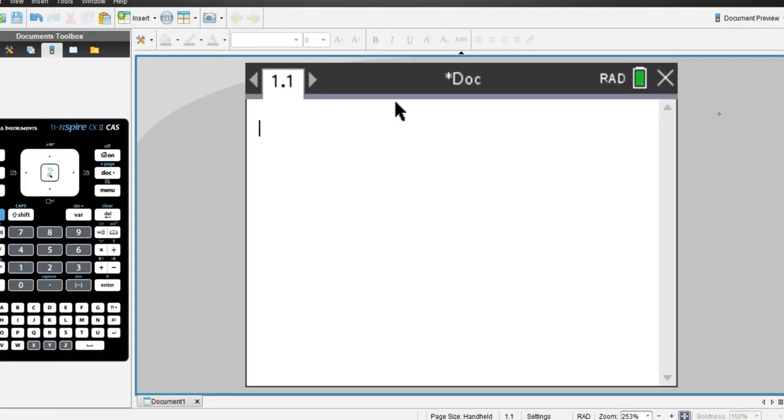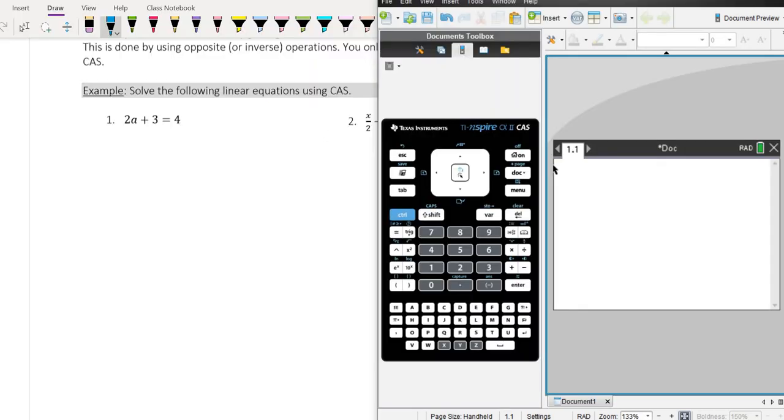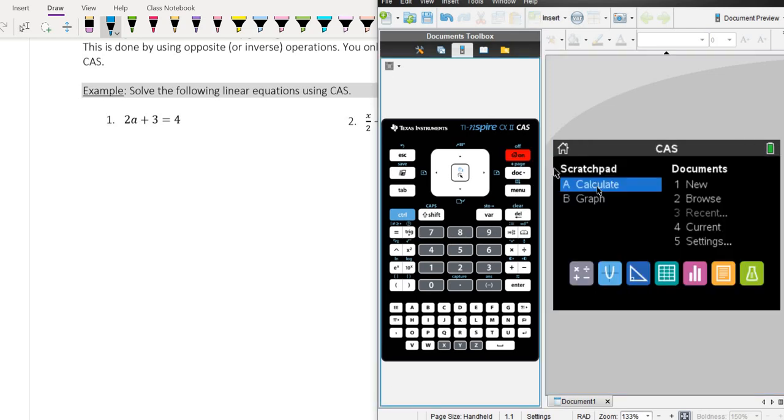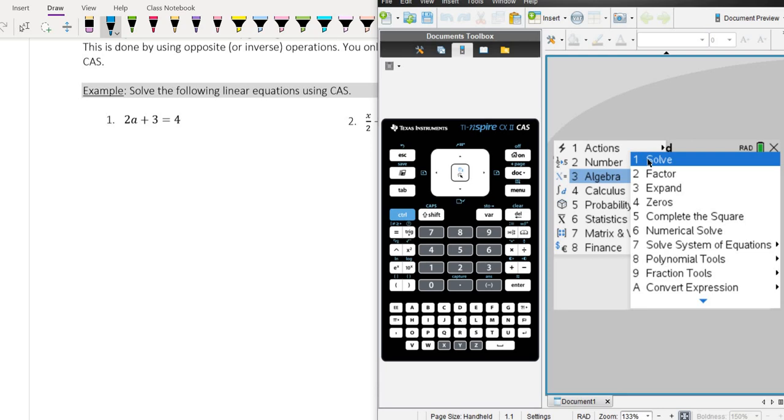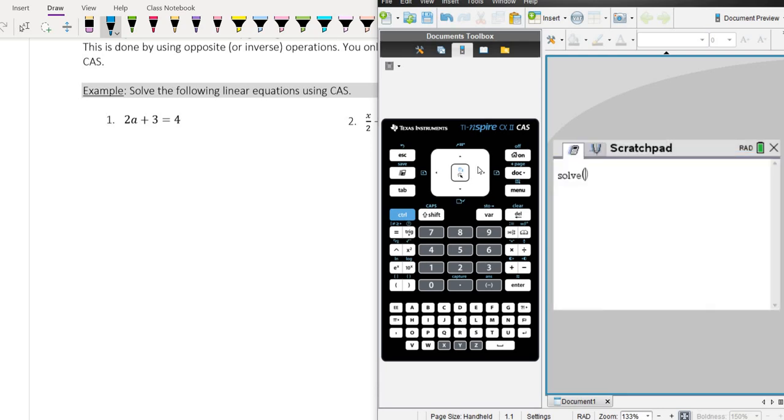So the way to do it is to go into your calculator or your CAS, go into calculator mode and go into menu, algebra and solve. And in here, you need to just carefully type in the entire equation, including the equal sign, like so.